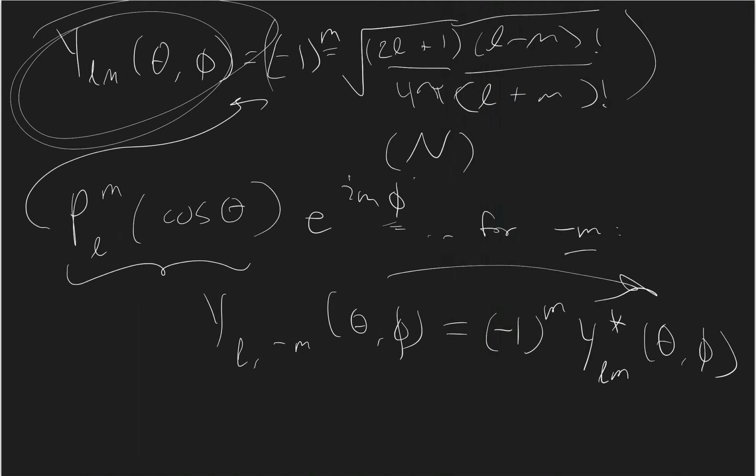Okay, so now that we have our spherical harmonics, what we're going to look at now is any vector operator. Let's say this is a vector operator, A hat.